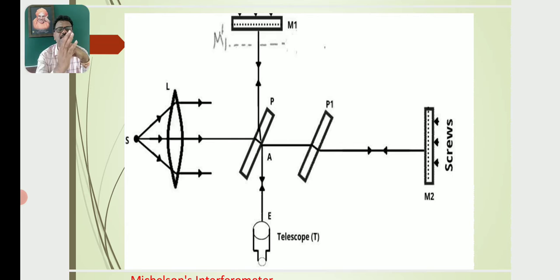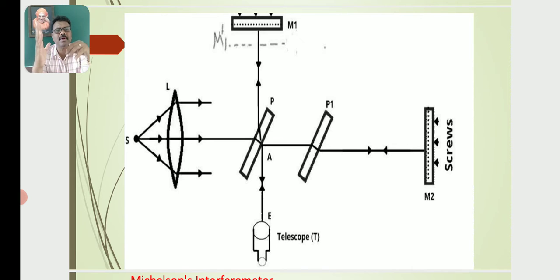The parallel beam is made to pass through the plates P and P1, so it is incident on the inclined plate P, such that part of the light gets reflected and moves upwards towards the mirror M1, and a part of the light gets refracted, so transmitted, and travels towards the mirror M2.